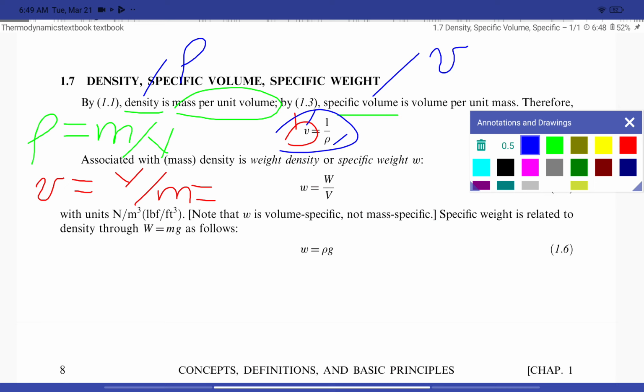Okay, now let's go to the density associated with weight, which is weight density or specific weight.